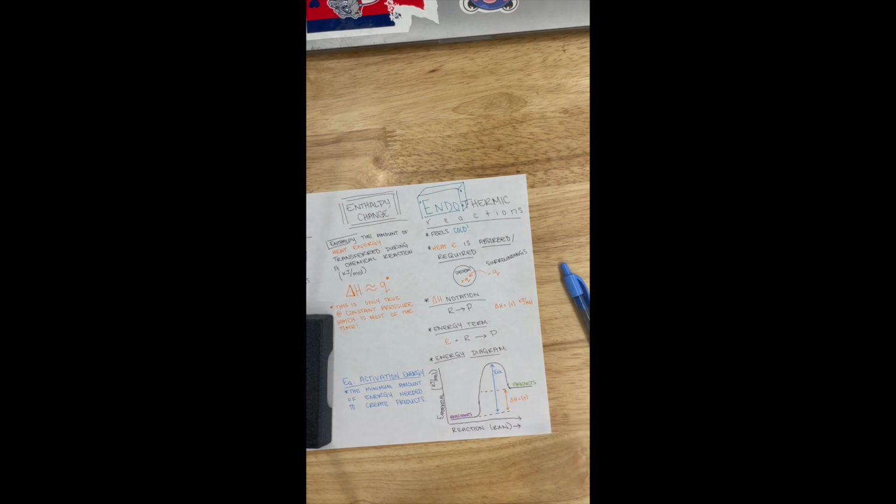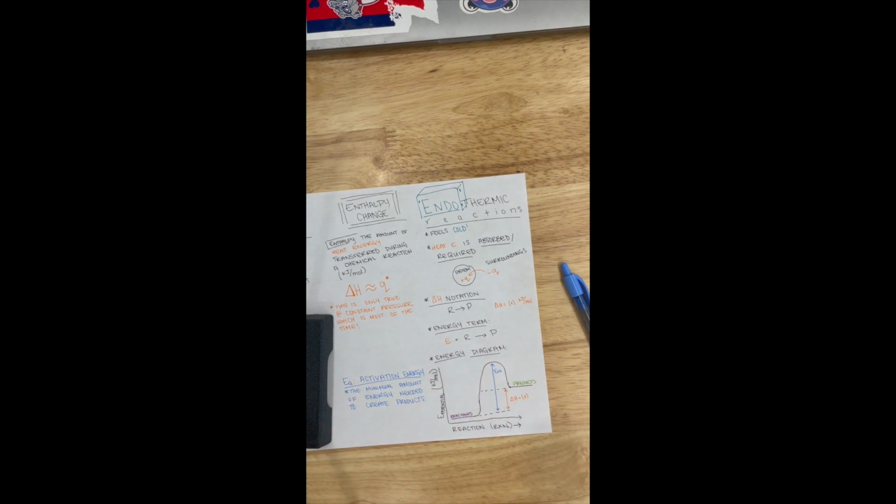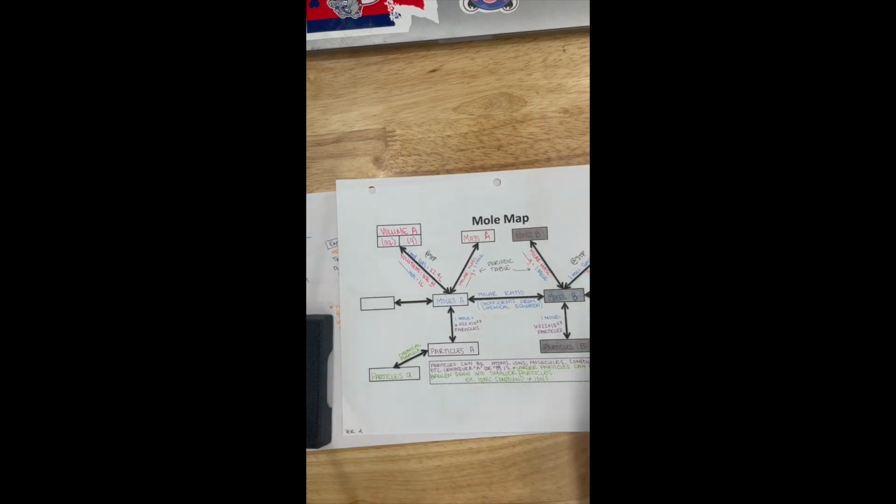Now, that is all that we're doing in terms of notes for today. But if you've noticed, our kilojoules are per mole. Now, what this allows us to think about is our very favorite unit of the year, right? We've been talking a lot about moles all year long. And this allows us to bring out our last mole map addition. Here's our mole map.